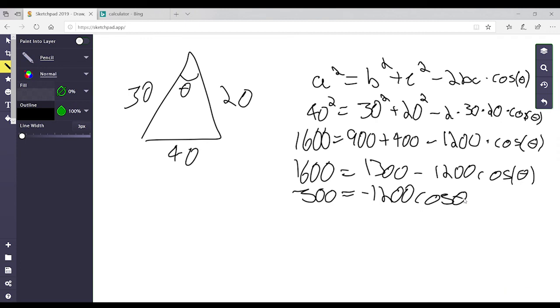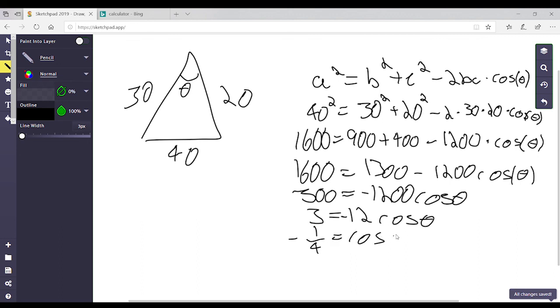Okay, so we can divide both sides by 100. We get 3 equals minus 12 cosine of theta, and then we can divide both sides by negative 12, so we get negative 1/4 equals cosine of theta.